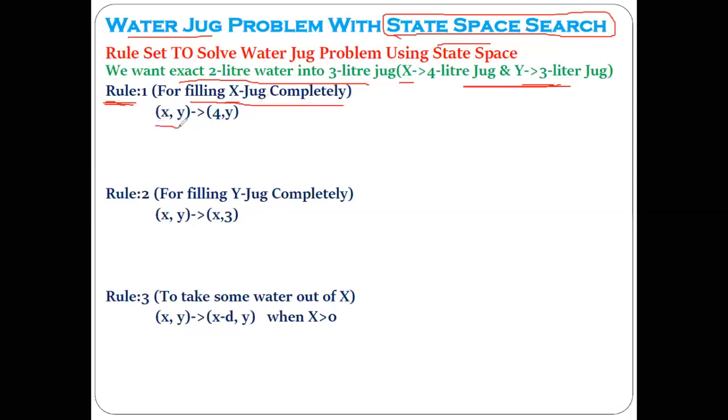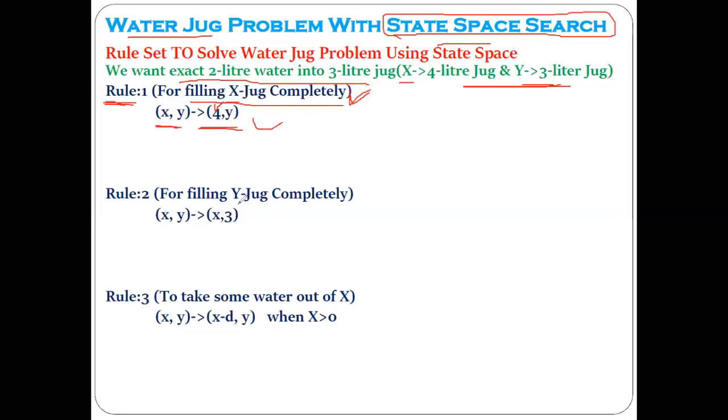We are representing the pair of jugs as X and Y. So the rule should be like this: X, Y implies 4, Y. Correct or not? Yes, sir. Because the capacity of the X jug is 4 liter. Correct? These rules you have to apply if you want to fill the X jug completely.